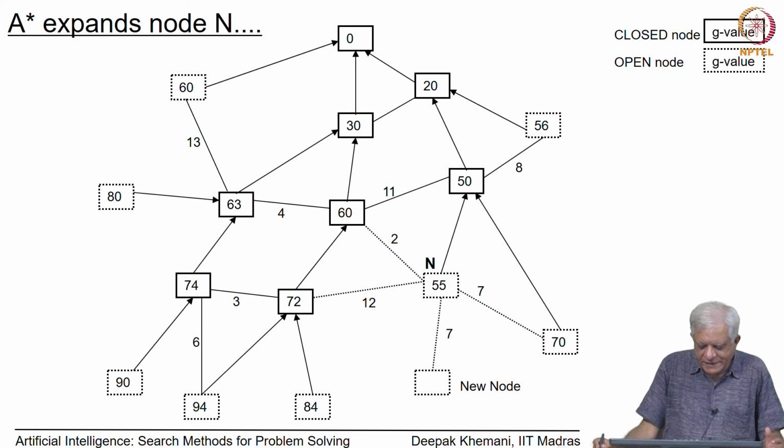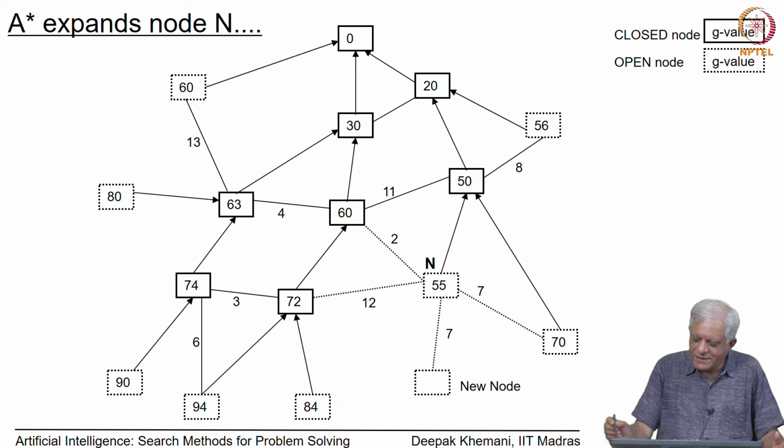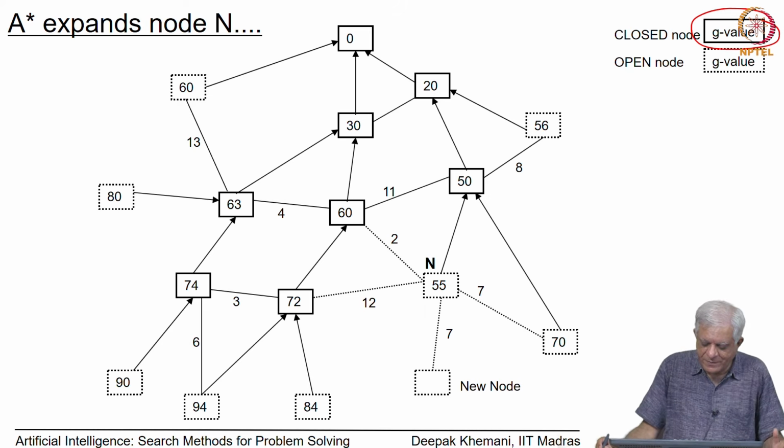So, to understand this whole process, let us look at a small instance, a graph that has been generated by A star so far, and the nodes that you see in bold rectangles are the nodes which are already on closed, and as mentioned here, they are labeled with their g values, which is the path cost found till that node.